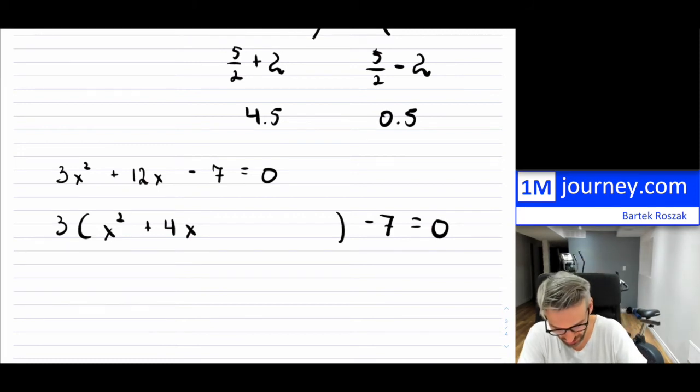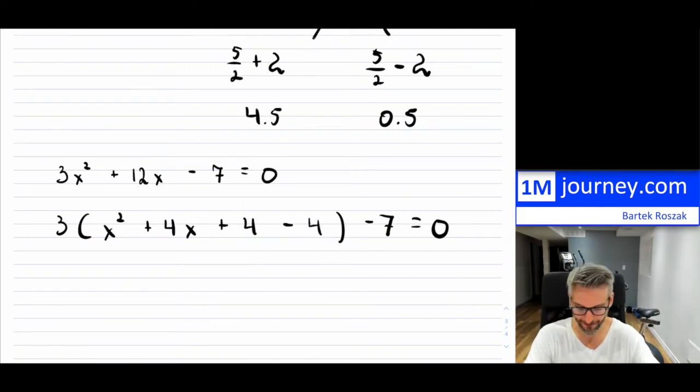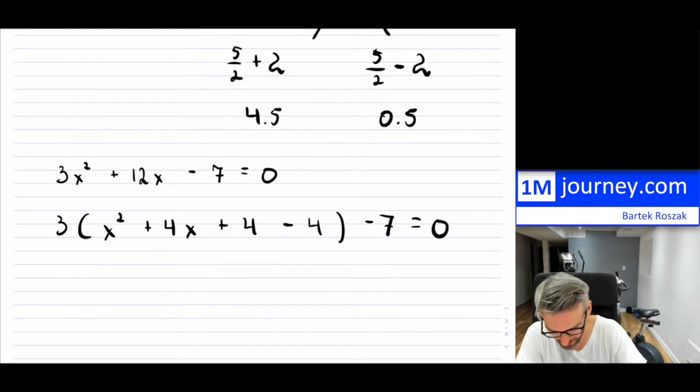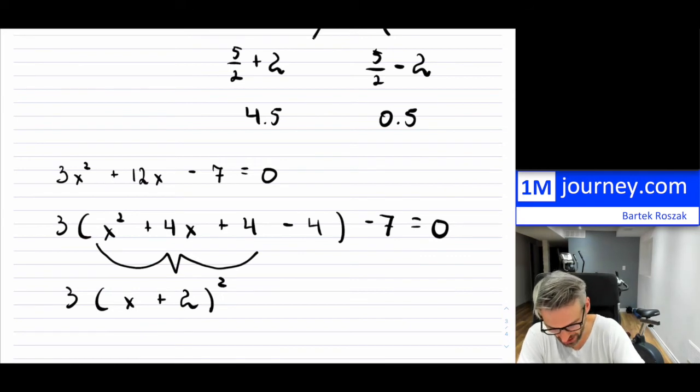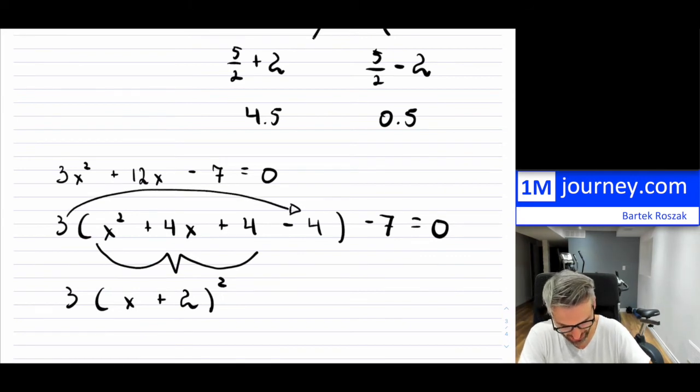So this is going to be 2 squared, which is 4, and then I have to put minus 4. This one's a little bit nicer than the previous one. Now from here, this is going to be my perfect square, so that's going to be 3(x plus 2) squared. Now, don't forget this 3 is going to multiply that, so it's going to be minus 12. Minus 7 is equal to 0.